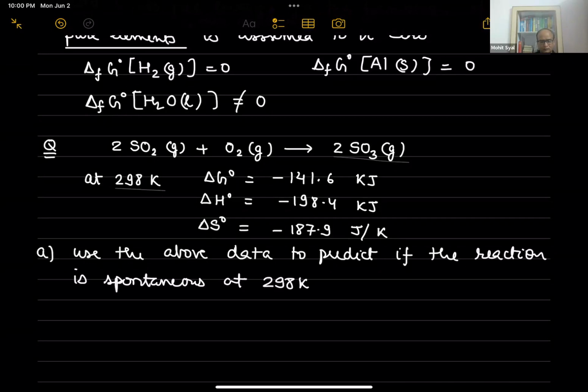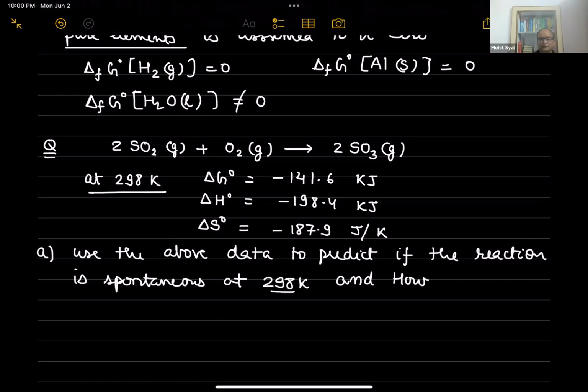It is spontaneous because it's negative over there. Yes, it is directly given, at 298 Kelvin standard state, 25 degrees. It is already negative.